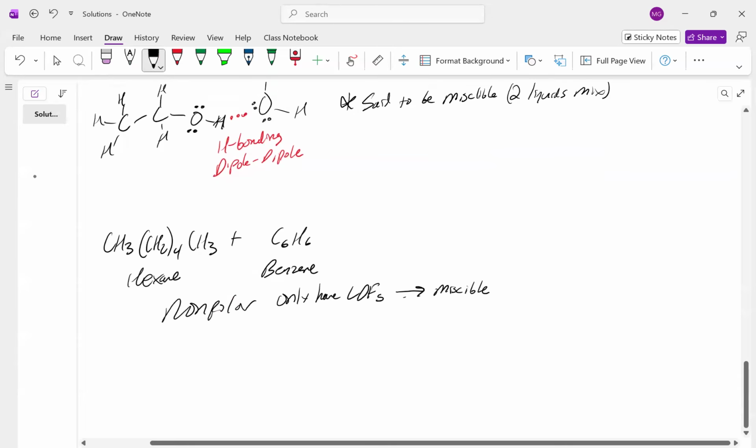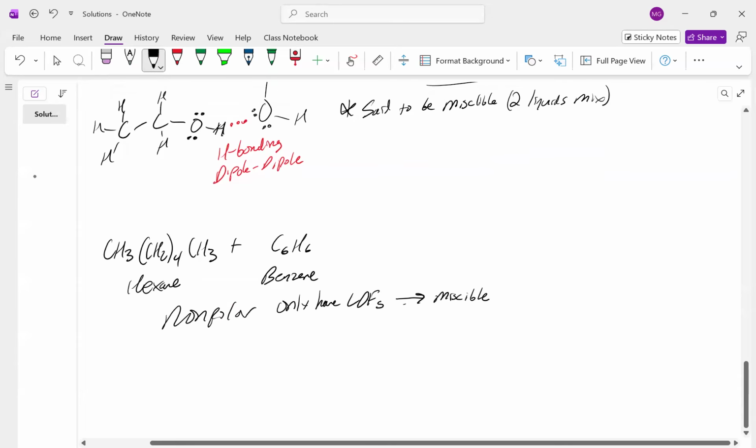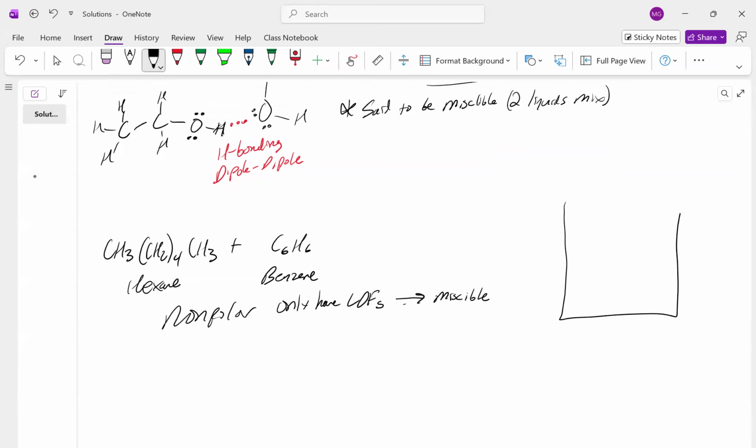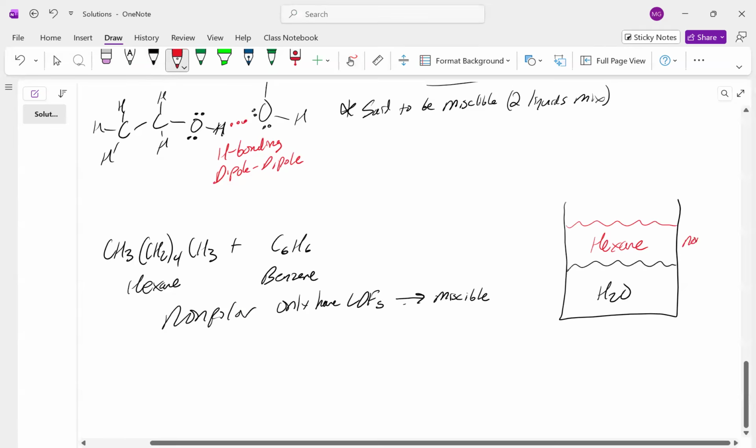Now, if I were to take, for example, hexane and water and put them together, so here's an example. We get a glass and put some water in it and then add some hexane to it. Even if we were to shake it up and stir it up really well, eventually over time, the two things would separate out because hexane, as we said earlier, is nonpolar and water is polar.